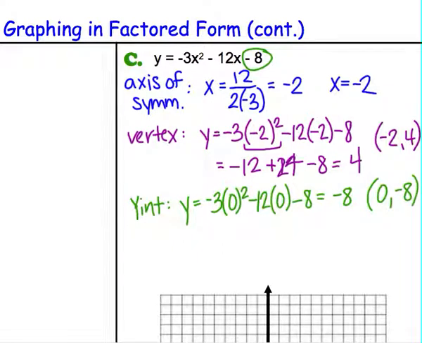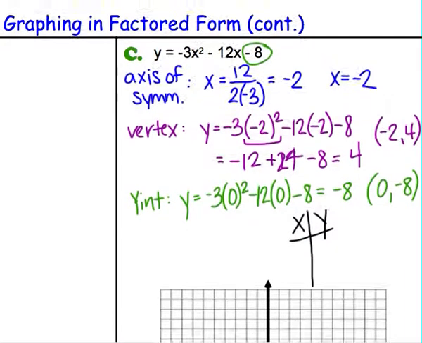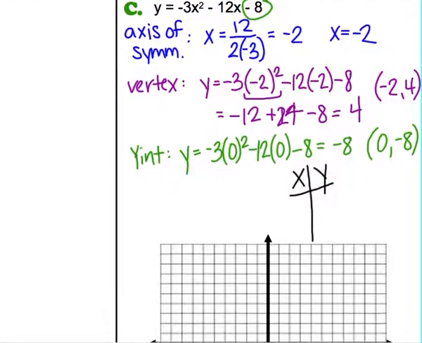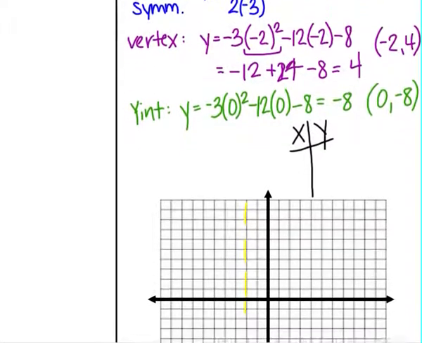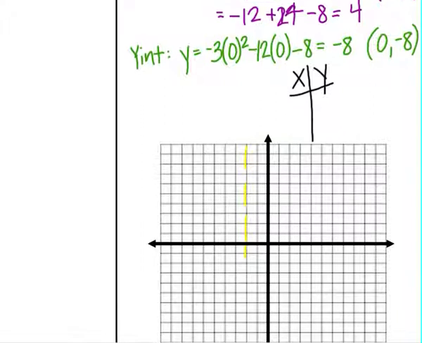So I'm also going to make an xy table, and we'll take a look at what xy values we're going to use in just a second. So I'm going to first draw in my axis of symmetry at negative 2. Might as well get that taken care of right away since I'm going to be scrolling up and missing that out of the picture.